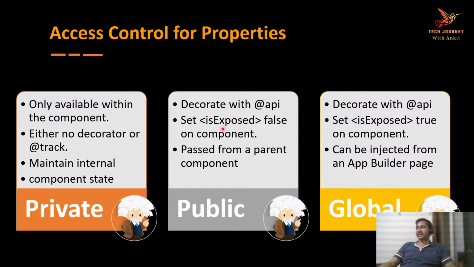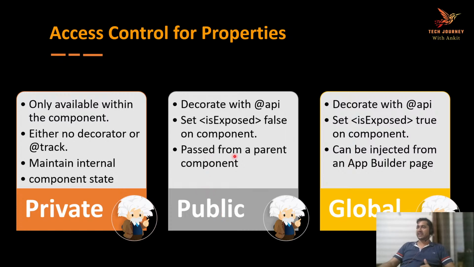But one catch here is, if you are decorating with the @API decorator but you are putting isExposed as false. In the previous session, we discussed that whenever we have to expose our component to the app builder or to any other Lightning applications or to the communities or to the flows, we have to make sure that we put isExposed to true. But if you are putting isExposed as false and you are decorating the variable with @API, then it is referred to as the public property.